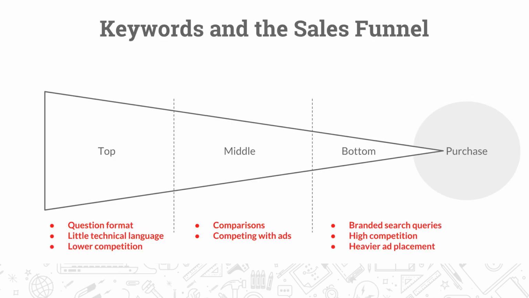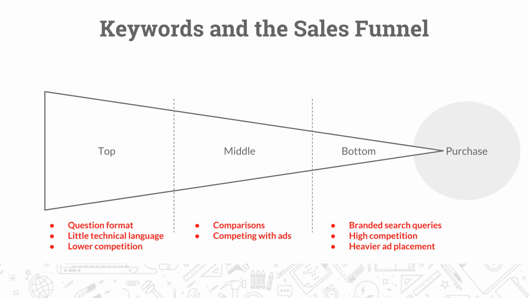The interesting thing is that we can tell based upon search behaviors where people are within the sales funnel. If we look at different queries, that is, different search engine result pages, we can actually see maybe where people are. In the top of the funnel, people are often querying things in question formats. They tend to have very low technical language.